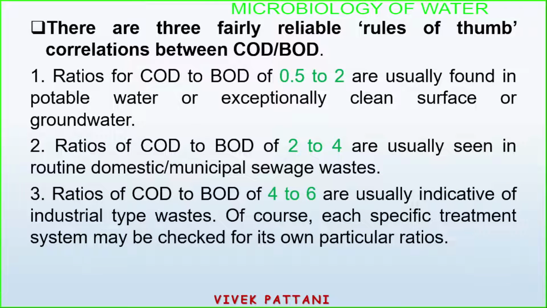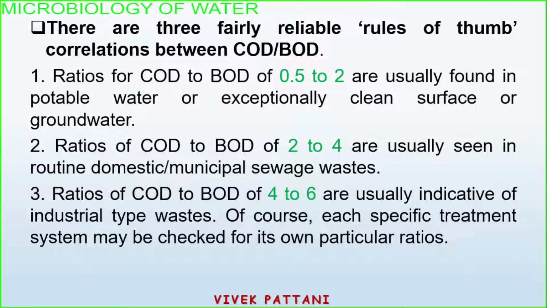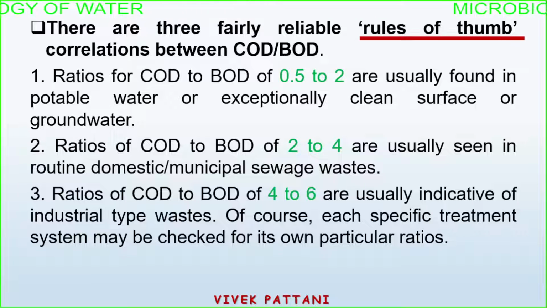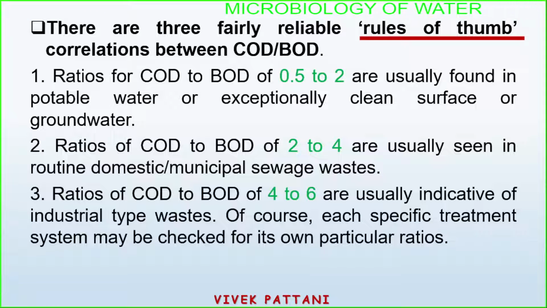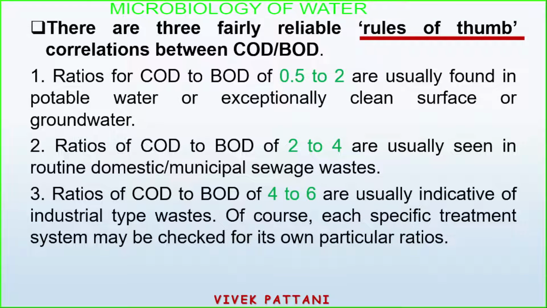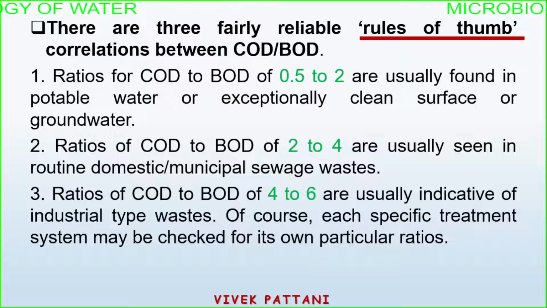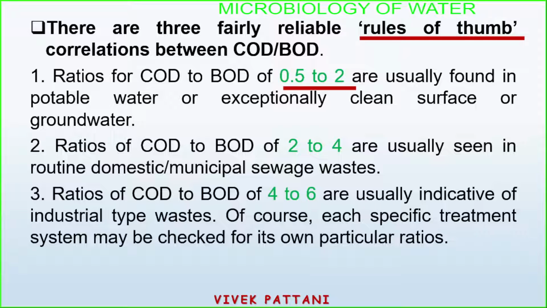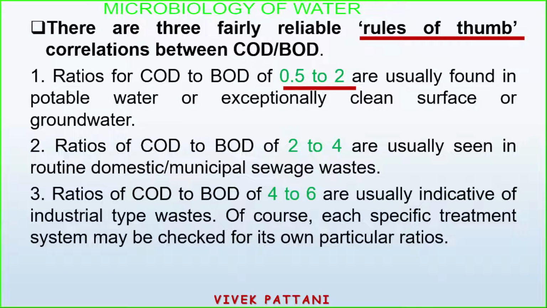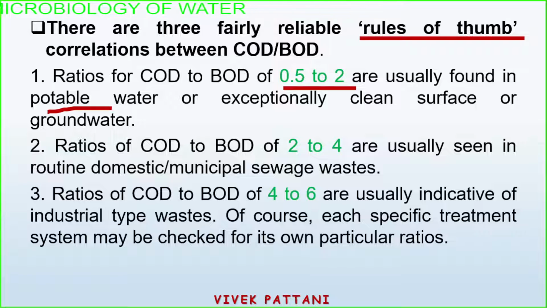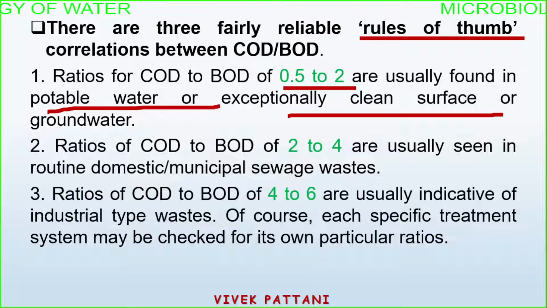Now, what are the considerations? There are three fairly reliable rules of thumb when we correlate BOD and COD. For example, if the ratio of COD to BOD is around 0.25 to 4, it is usually found in potable water or exceptionally clean surface or groundwater.